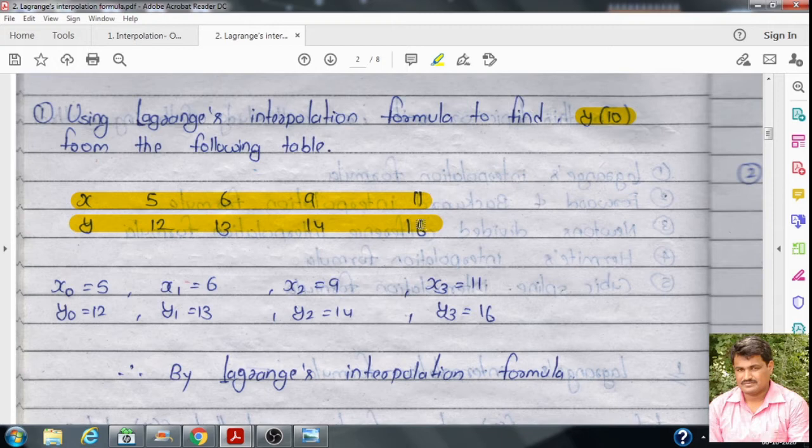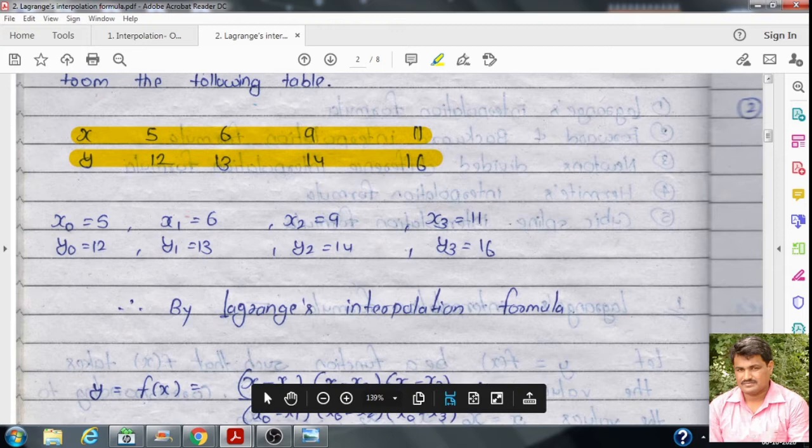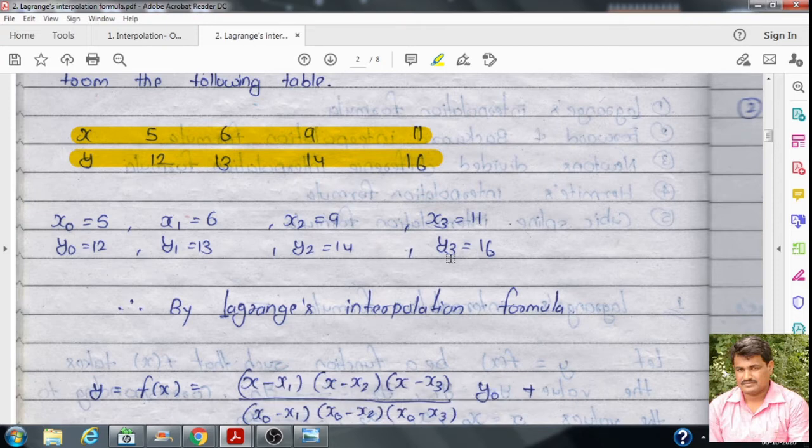Then to use the Lagrange's interpolation formula and get y of 10, we can define the values of x and y in terms of x0, x1, x2, x3 and y0, y1, y2, y3. Then here we have given total how many points? 1, 2, 3, 4.